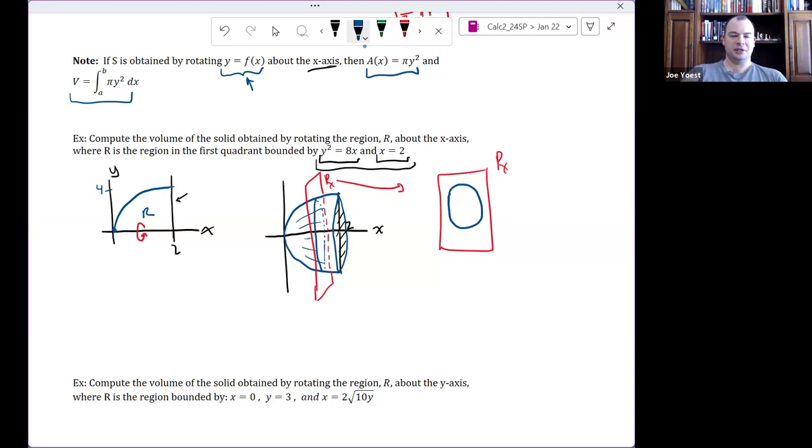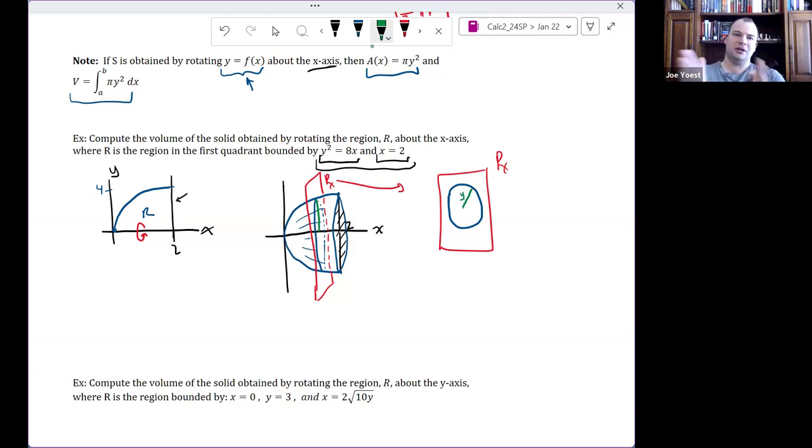Because there's a nice circular symmetry here, I rotated the curve around the x-axis. This is always going to be a circle. It's going to be a circle, right? Same radius everywhere. Right in the middle here is the x-axis poking through. It's going to be the same radius in any direction. So I can pick any radius that I know. And in particular, if I go straight up, that's going to be the y value associated with this x.